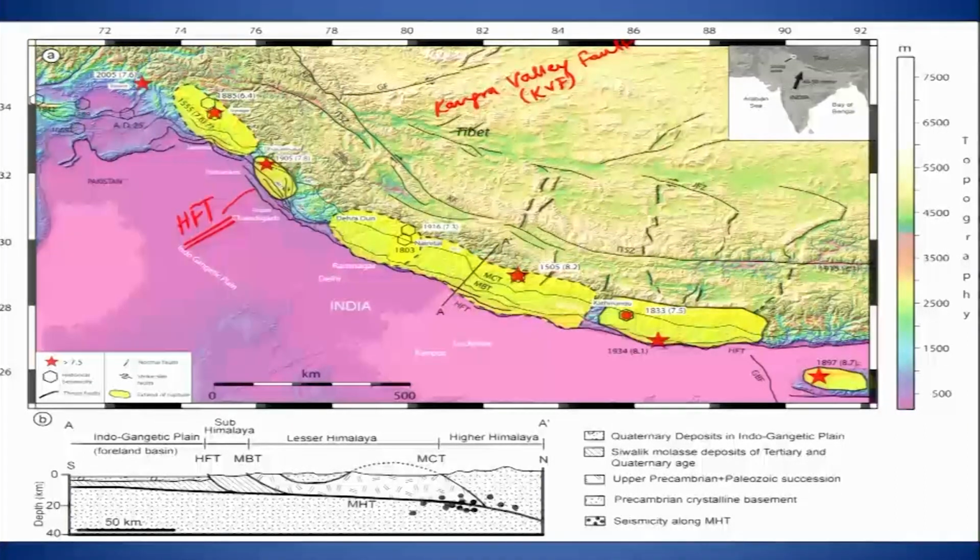Hence, the gap which we were talking about between 1905 and 1934 will extend. It will not be between 1905 and 1934, because 1934, as per the recent research, suggests clearly that the earthquake was hosted by the Himalayan frontal thrust, or the slip came right up to the Himalayan frontal thrust, whereas in the case of 1905 Kangra, it was triggered along the KVF.